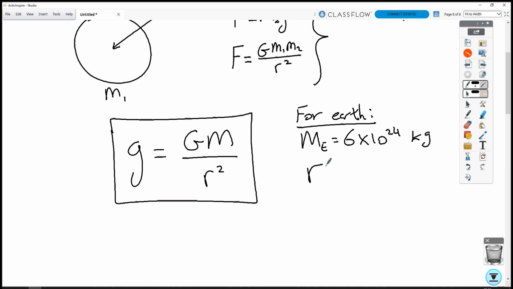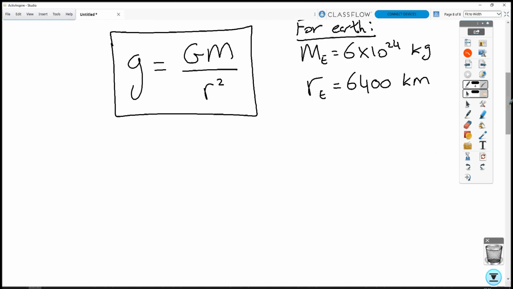And the radius of the Earth is equal to 6,400 kilometers. So if you were to put these values in, you should get a value of about 9.81. So we can use this to work out the value of g anywhere.